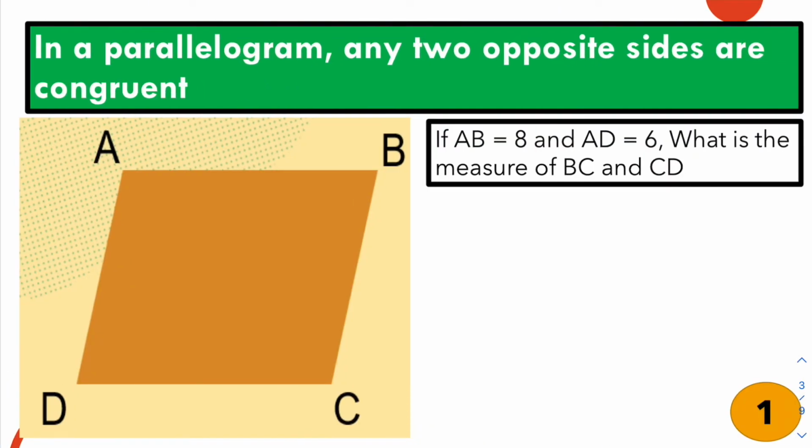Let's have an example. Number 1. If AB is equal to 8 and AD is equal to 6, what is the measure of BC and CD? Now let us find first the measurement of BC. This is side BC.